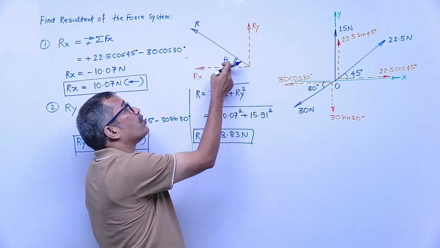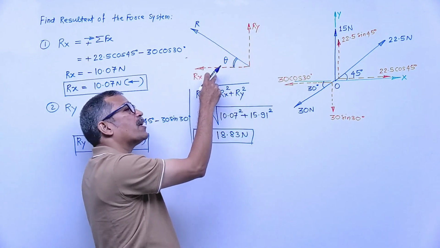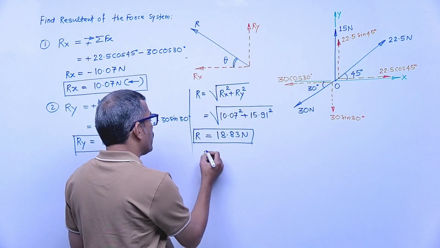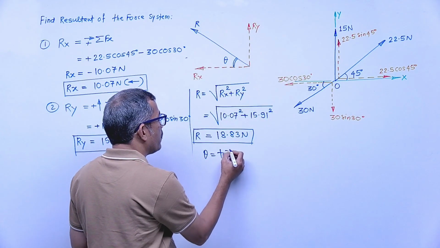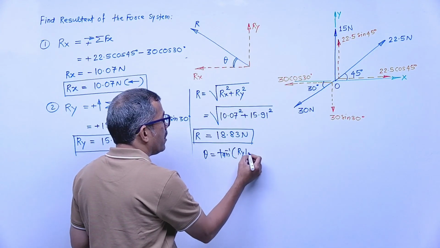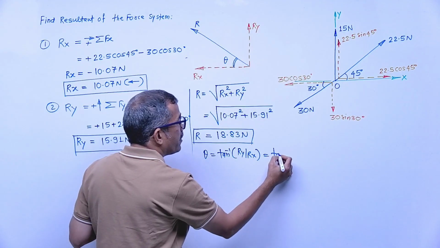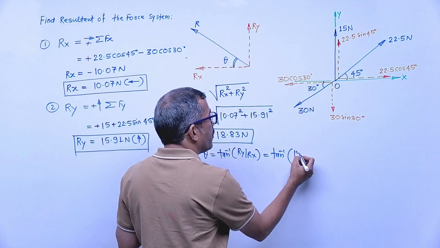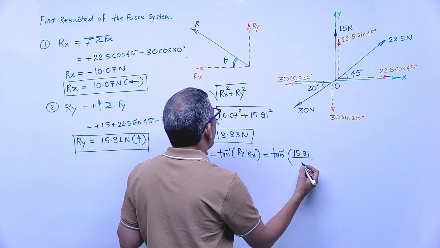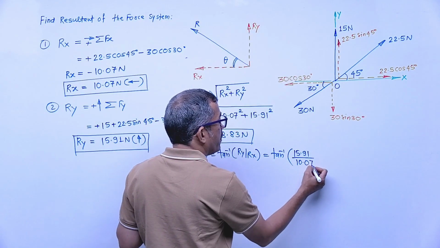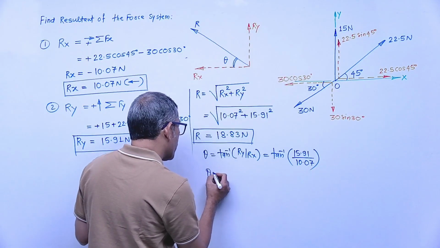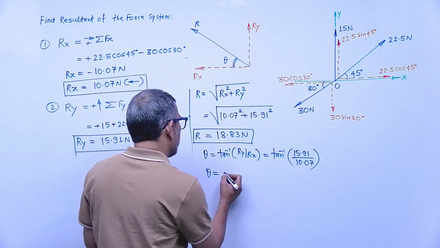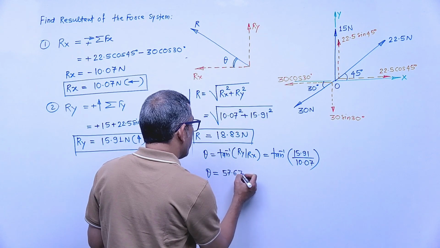Tan of theta is opposite upon adjacent, that is Ry upon Rx, so theta is tan inverse of Ry upon Rx, which is tan inverse of 15.91 divided by 10.07. The angle theta comes out to be 57.67 degrees.